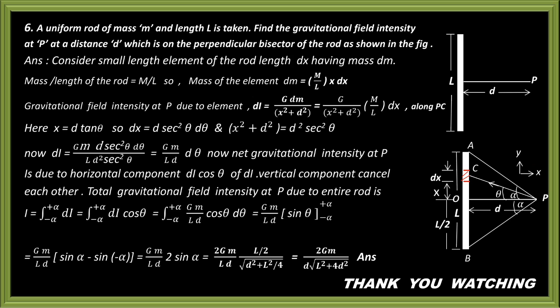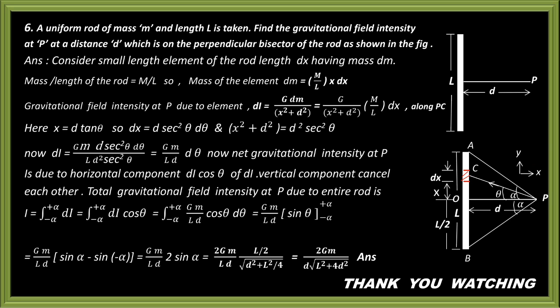So for the other element in the downward side, dI will have two components, one along horizontal and another along vertical. The vertical components will cancel each other.